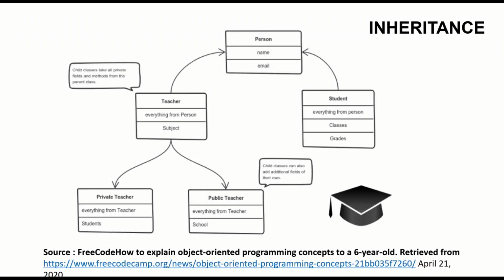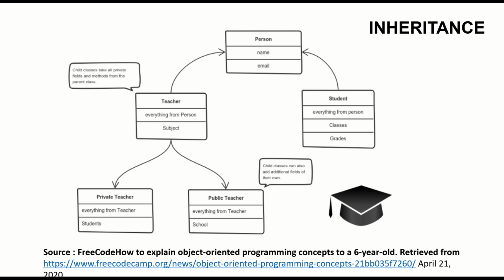For example, this diagram shows the inheritance structure. As you can see, we have set here the parent class, named person, and the child classes. We have teacher, student, private teacher, and public teacher. So these data members can be inherited by the teacher class and the student class.